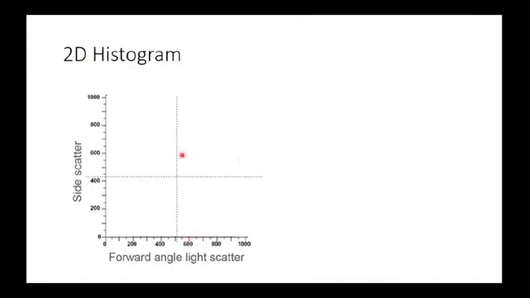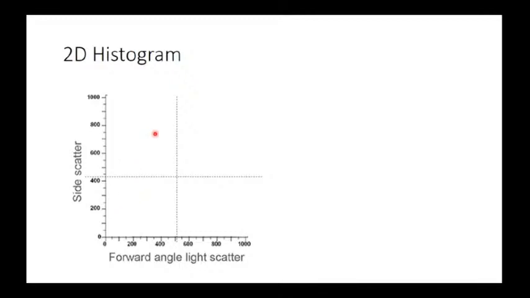If the cell appears on the right half, it means that the cell gives a high signal on the forward scatter, which means that the cell is big. And if the cell appears here, it means that the cell is small. So if the cell appears, for example, in this quadrant, it means that the cell is small and simple.